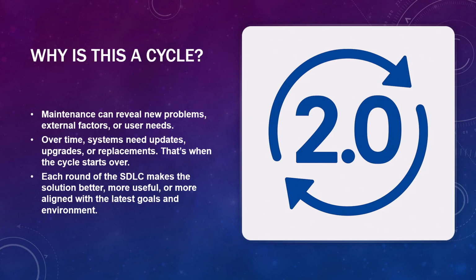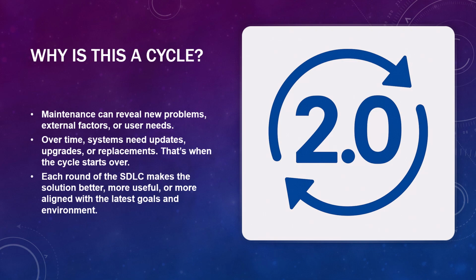Any of those things can pop up during the maintenance phase and expose what may have been just minor tweaks, but now need to actually be a full, let's go back to that planning phase and think about the next vehicle or the next home or the career or graduate school after undergrad.